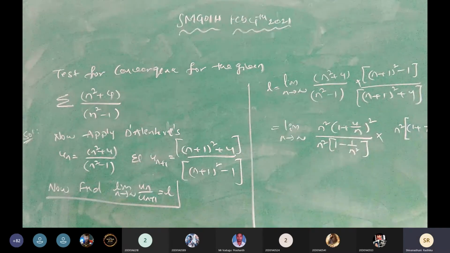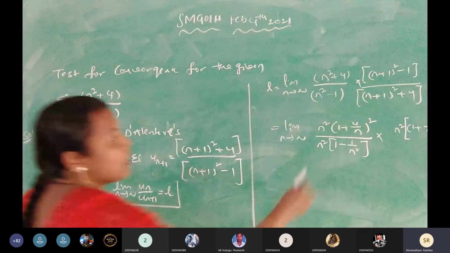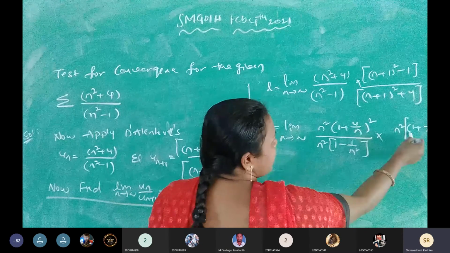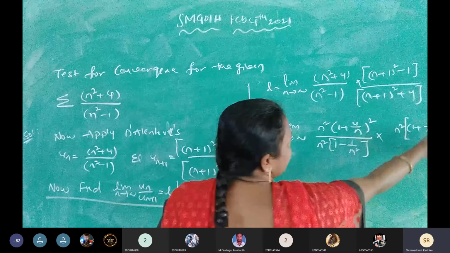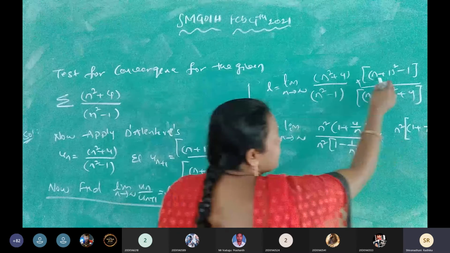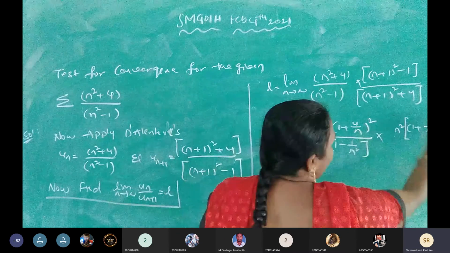Numerator second part, any doubts? In the second part, (n plus 1) whole square, n square common, that is n square into (1 plus 1 by n) whole square, and in this term I take n square common, 1 minus 1 by n square.